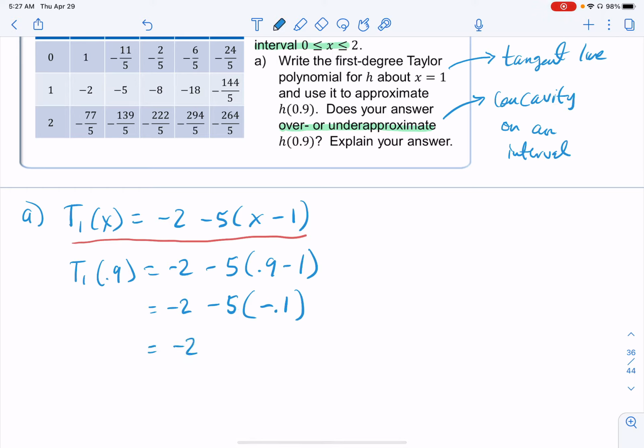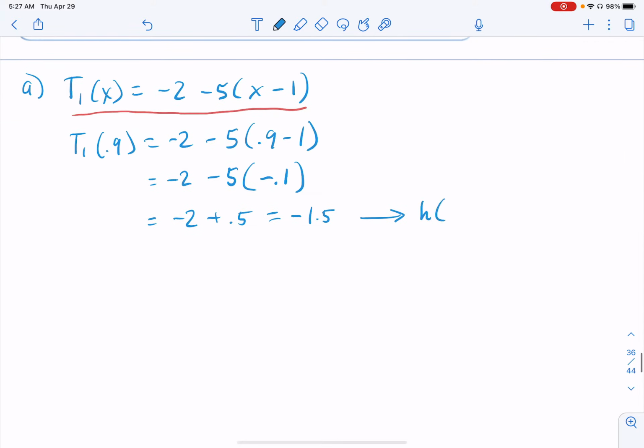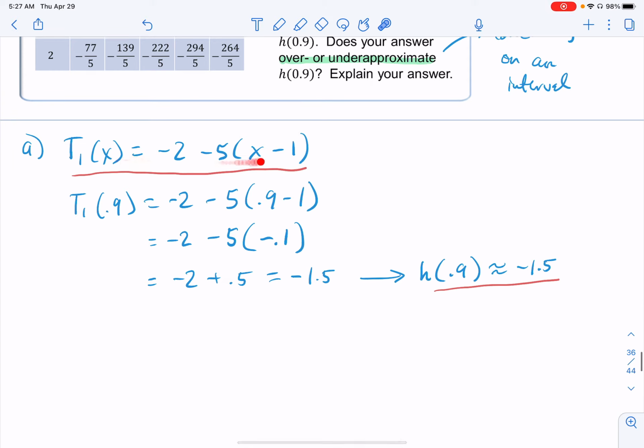So we've got -2 plus 0.5, which gives us -1.5, meaning that we are approximating h of 0.9 to be about -1.5.